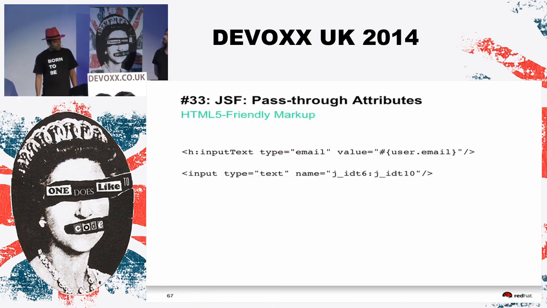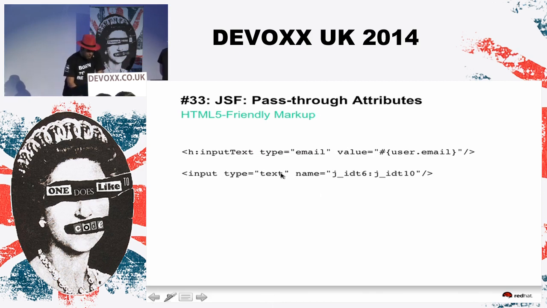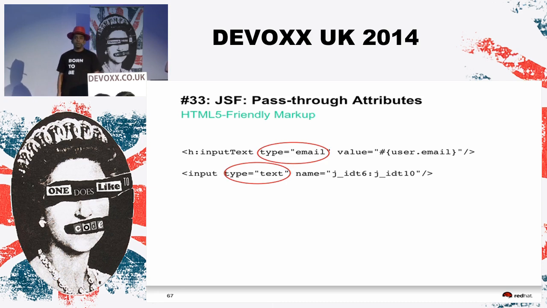Another new feature added to JSF is pass-through attributes. So here, if you look at it, HTML5 added these type attributes. So I'm saying type equals email, but if you give it to JSF, the way it's going to render it, it says, I don't understand this type email because there is no corresponding UI component or HTML render kit which knows how to generate the HTML code for it. So I'm just going to generate type equals text.